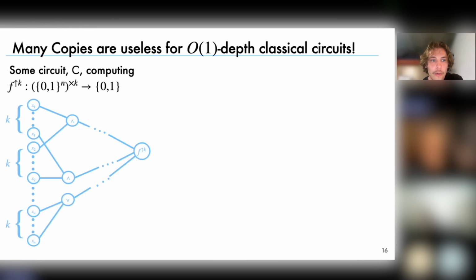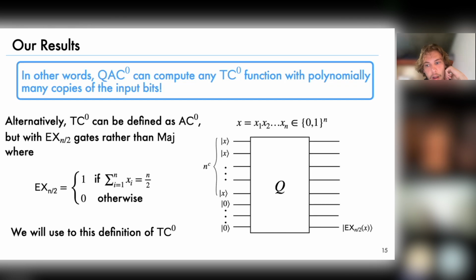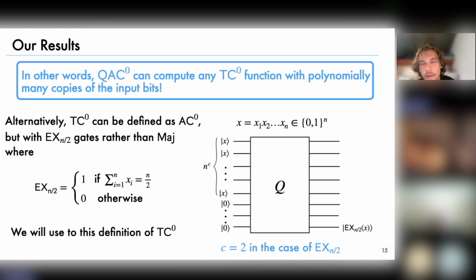Question. In your result, does the constant C depend on the type of function, or is it just a fixed constant, something like 2 or 3? That's a great question. For simple functions like parity or majority, it's always going to be 2 or 3 or something like that.